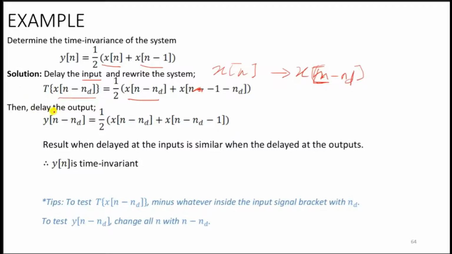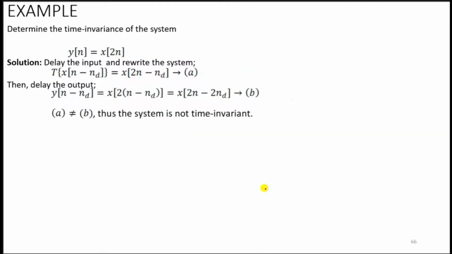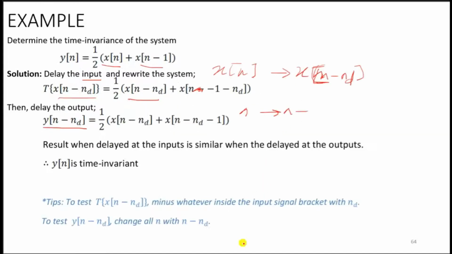Then you have to delay the output. When you delay the output, that means you have to delay all the n's, so the n's become n - nd. All the n's that you see inside here become n - nd.